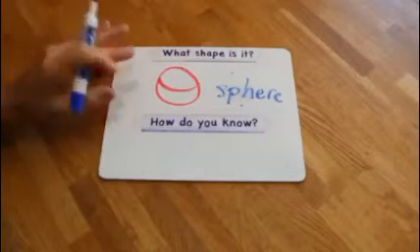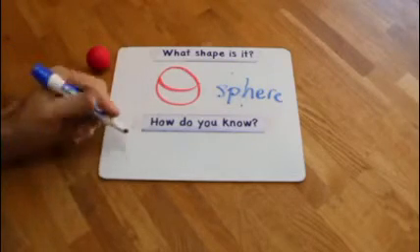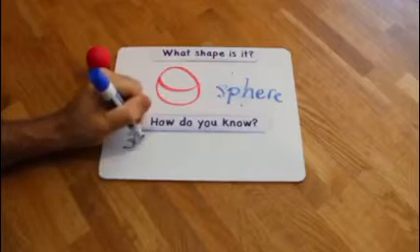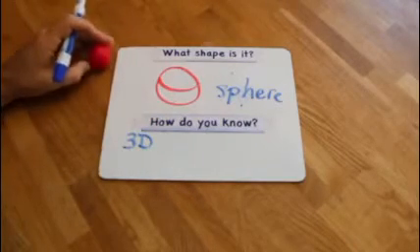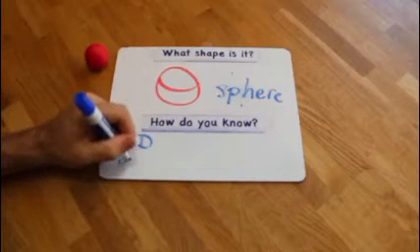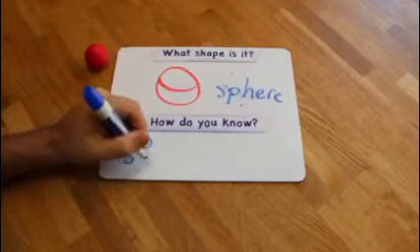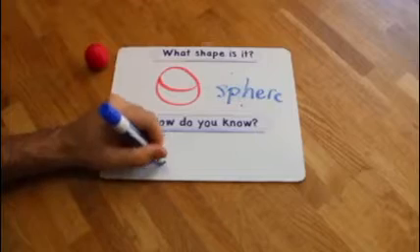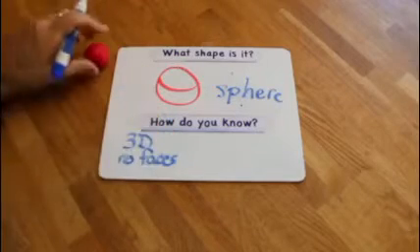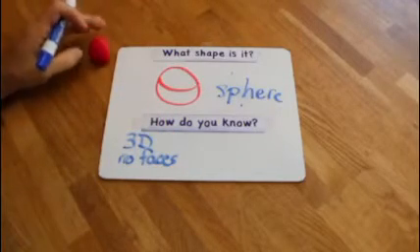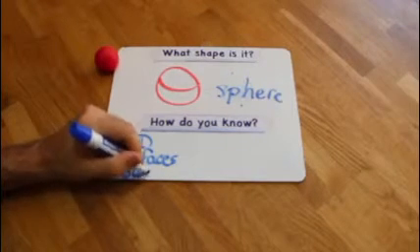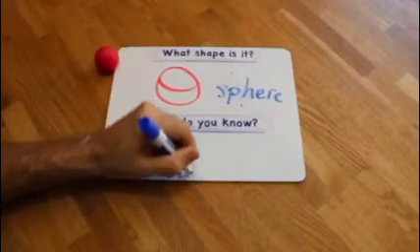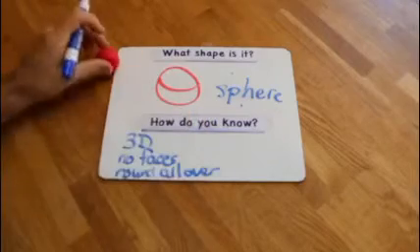Well, it's not flat. It's got shape. It's three-dimensional or 3D. Okay? It has no faces. No flat sides. It's round all over. Well, what can it do?